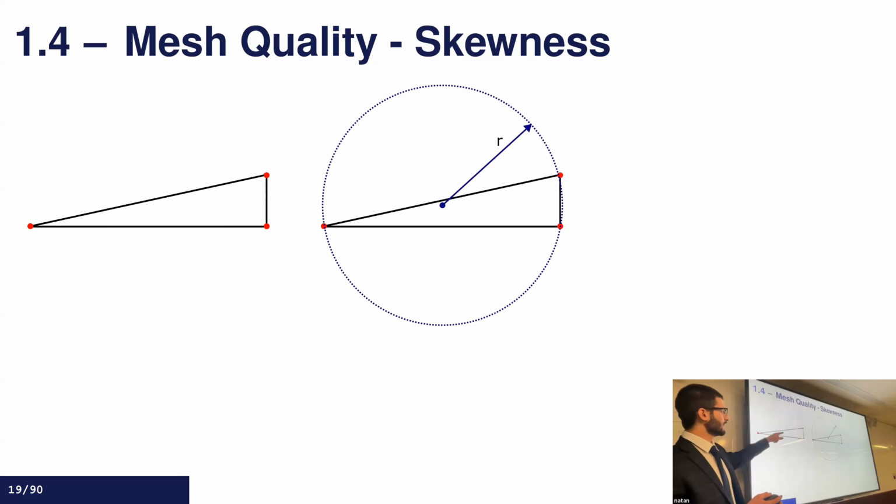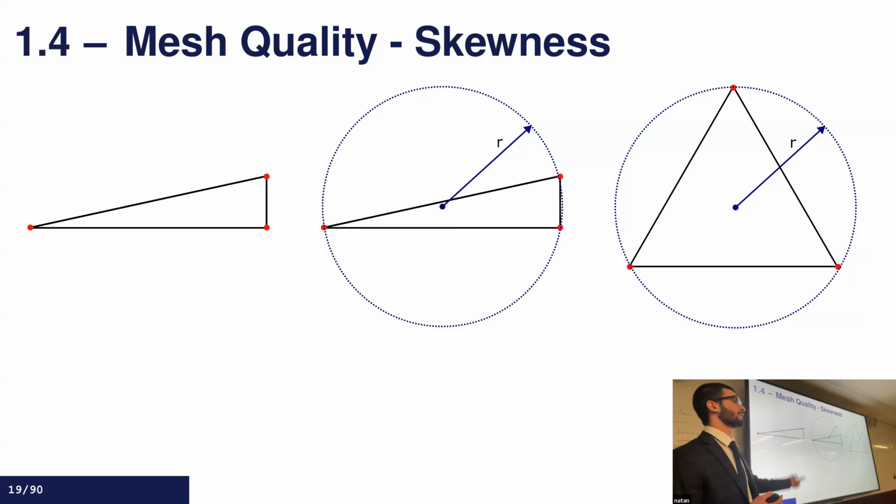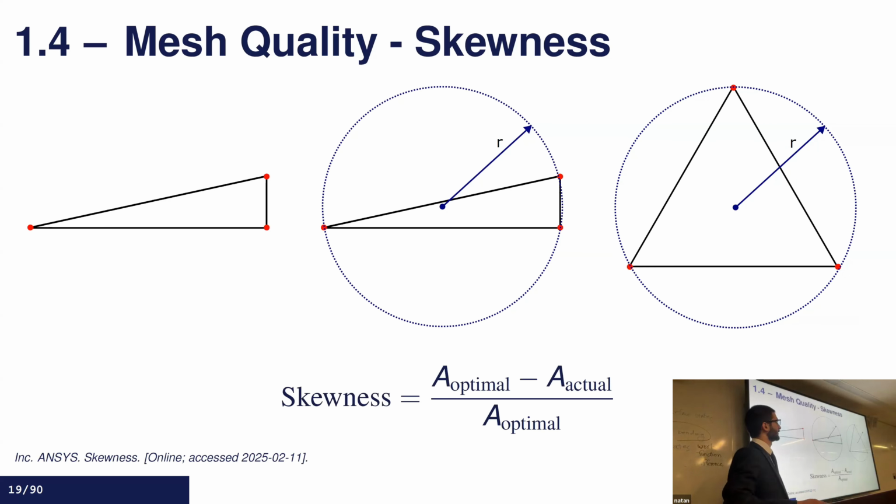We take our triangle, create a circle around it, and then take the equilateral triangle that is inscribed within that and compare their areas to get our skewness value. So those are our 3 metrics for element quality. Those will show up a little bit later, but in general, for numeric integration, for all sorts of contexts, the ideal element is what we're striving for. And so the mesh generation algorithms will strive for equilateral elements according to these metrics.